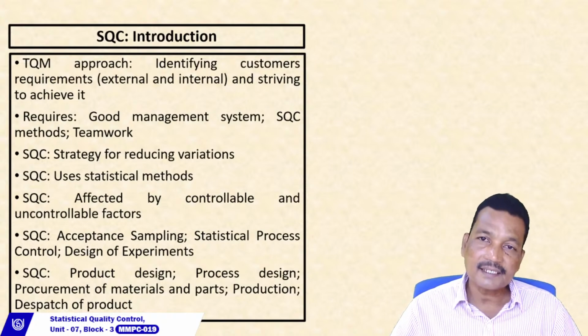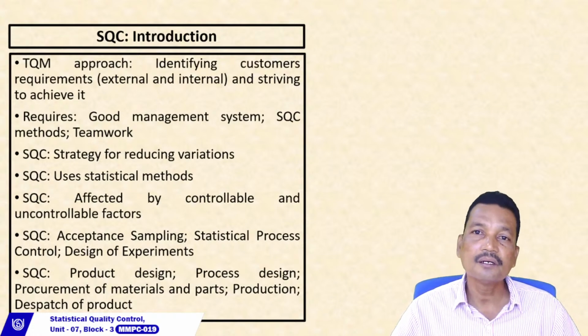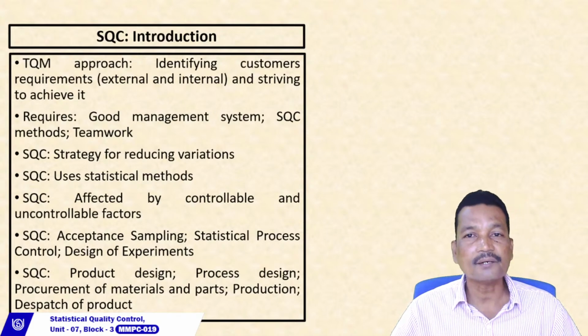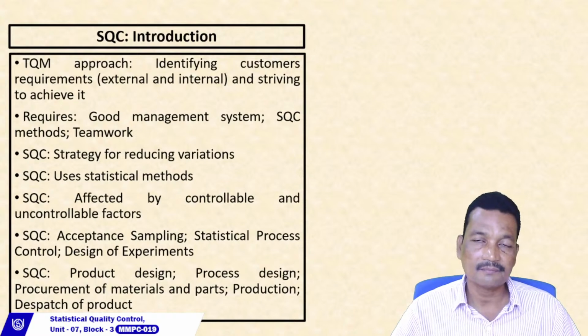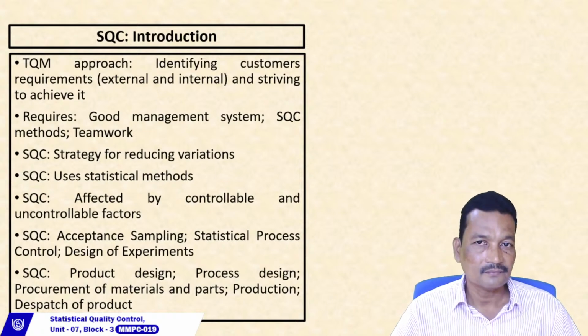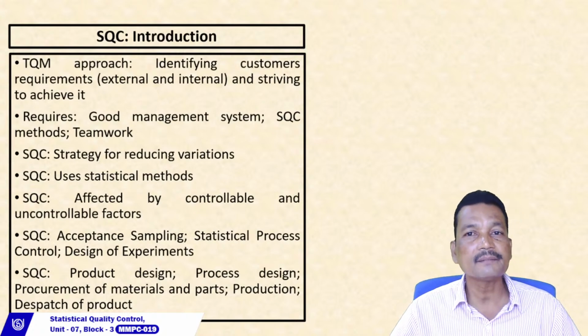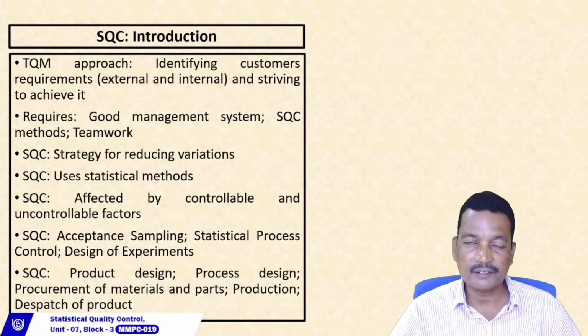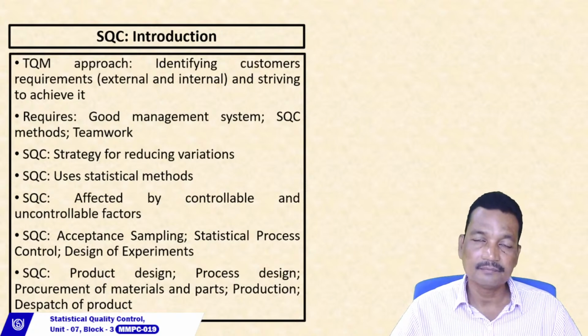What is standard deviation? Now it is a measurement for the variation around the central value. Suppose I have 5 numbers, and I am asked to calculate the mean of these 5 numbers. So how can I calculate it? I'll add all the items and divide by the number of items considered, that is 5. It will give me a value.